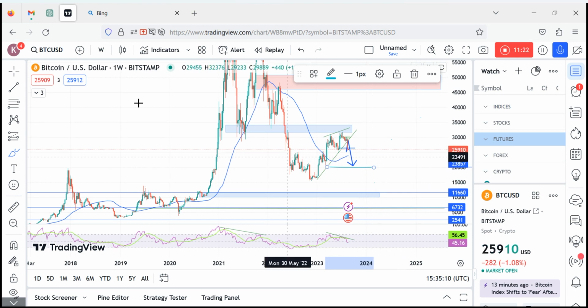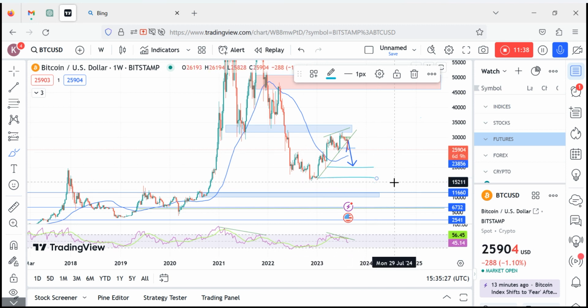After that low is taken, it can still take out this low, and once this lowest one, around the 16,000, is taken, the next level I'm looking at is approximately the $12,000 level, which has confluence with our other block that is yet to be filled.